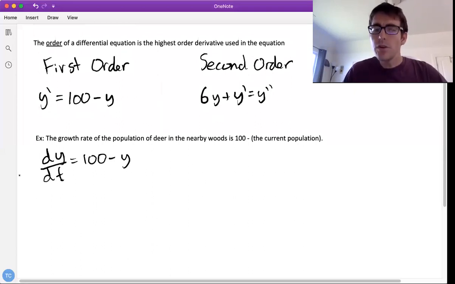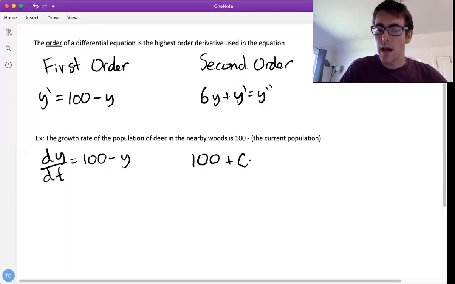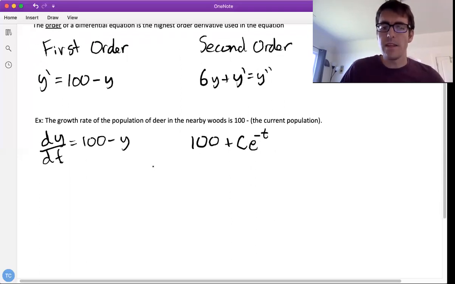The solution to this differential equation is the collection of functions of the form 100 plus some constant times e to the negative t. You can check this just like we checked the other ones. You could take this derivative and see that the derivative is 100 minus the function itself. But I want to talk about what these different functions look like.